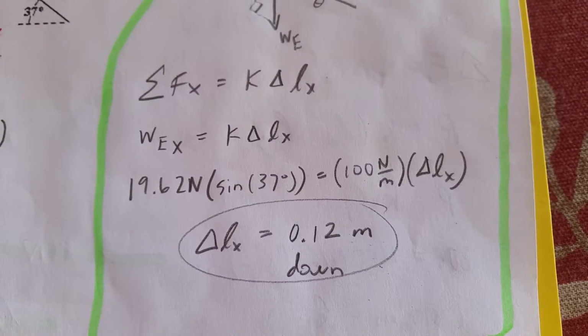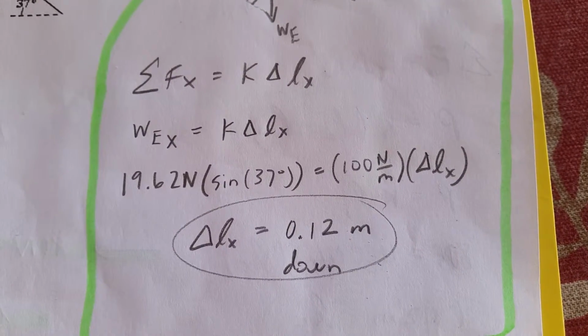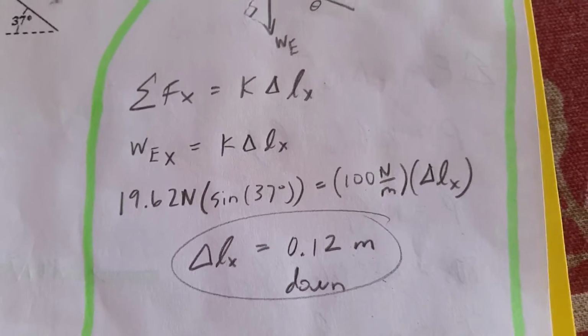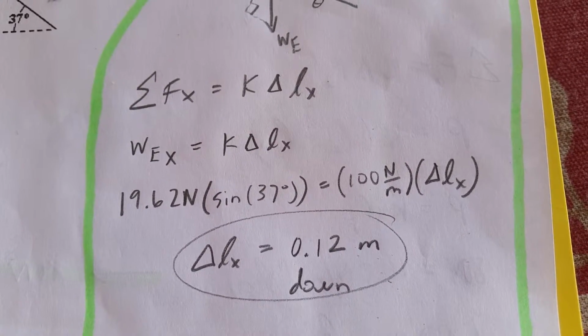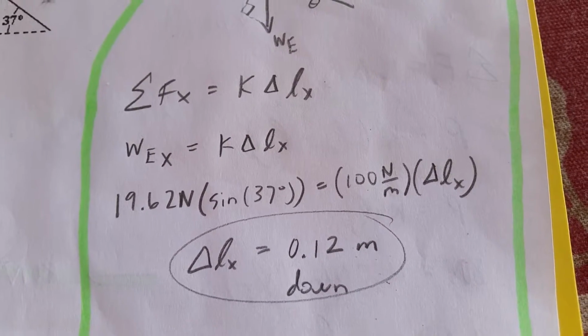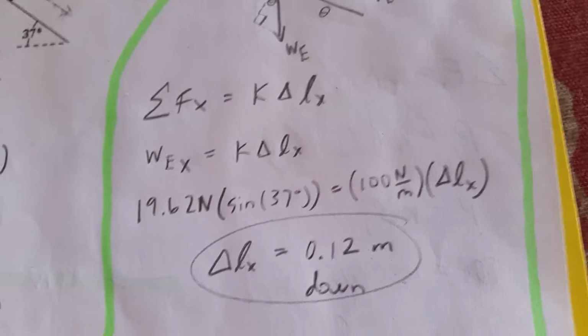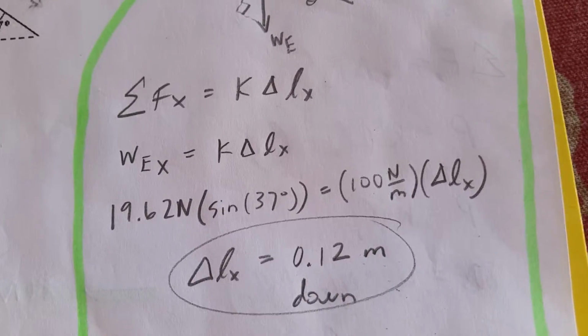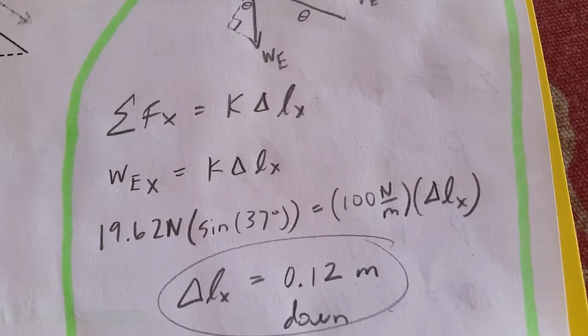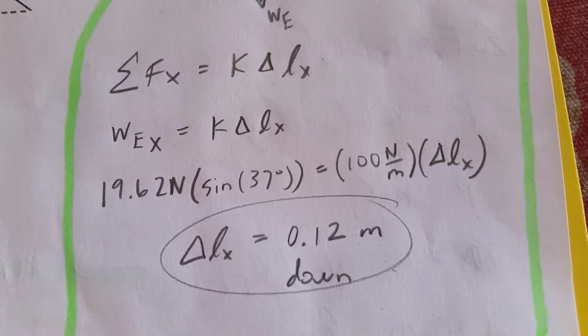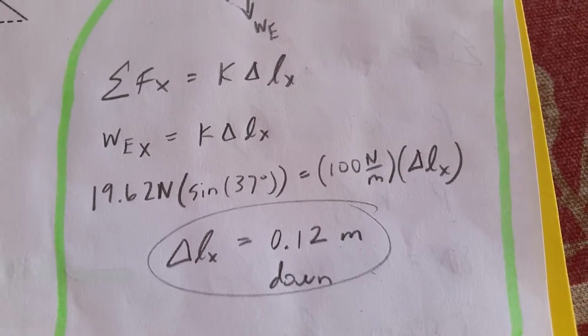So then for the answer, I used the sum of the forces in the x direction equals the spring constant times the change in length in the x direction, because it's going from left to right. It wants to know how far the block slides down the incline.